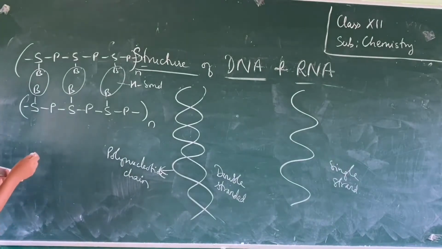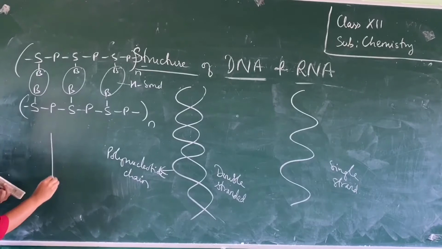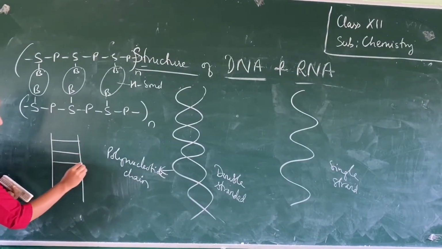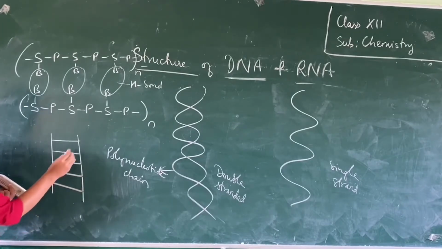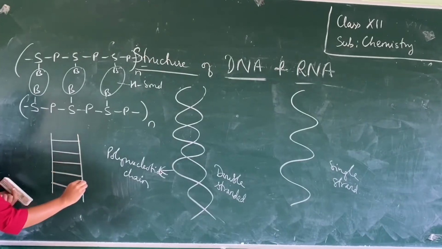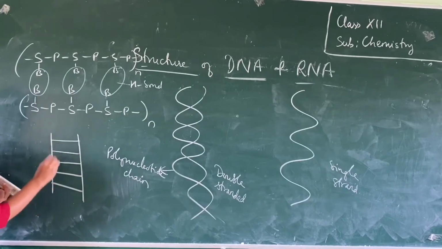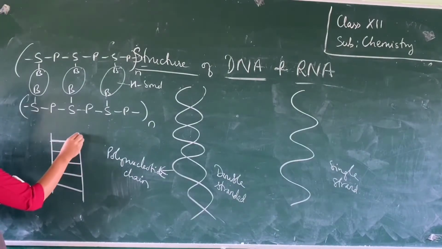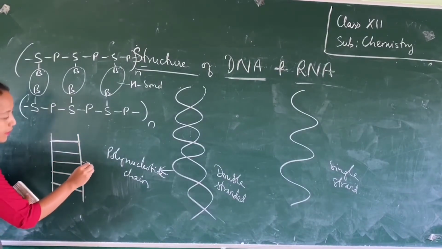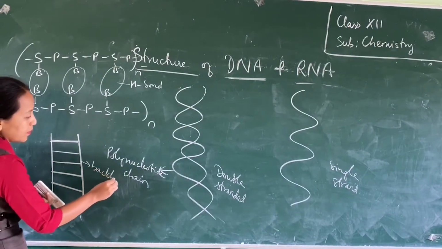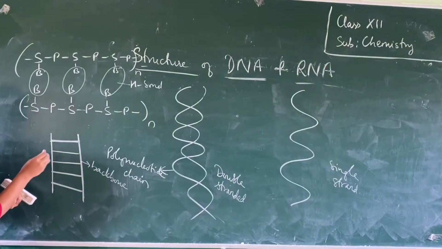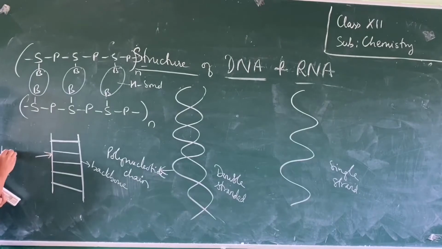Now let me give you the example of a staircase. A staircase has a structure like this. Let's say this is the vertical support and it has the horizontal support. In the case of DNA, this vertical support is the backbone of the polynucleotide chain, and you have two polynucleotide chains, therefore two backbones.